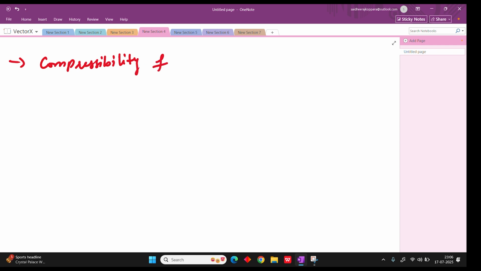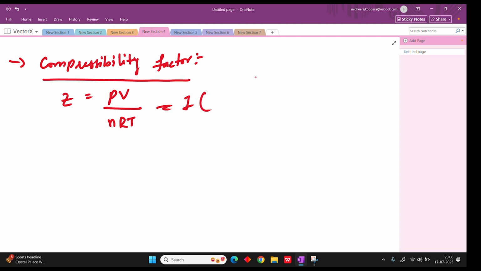While solving this, in my first video of the gaseous state, I told you guys that the compressibility factor is simply the ratio of PV by nRT. And for ideal gases, it equals 1.